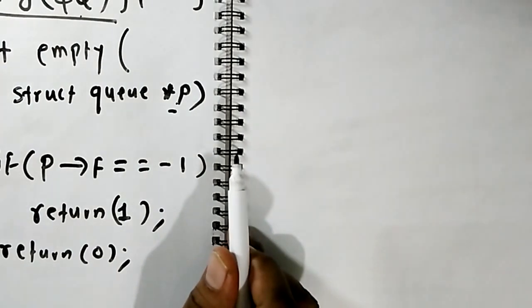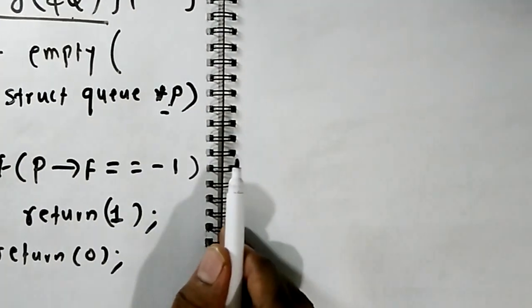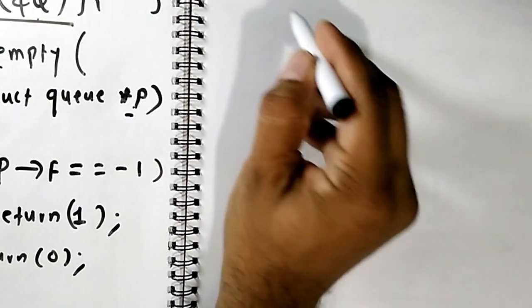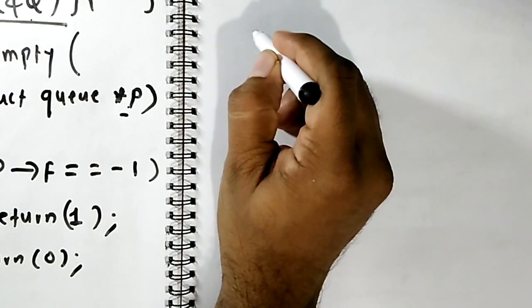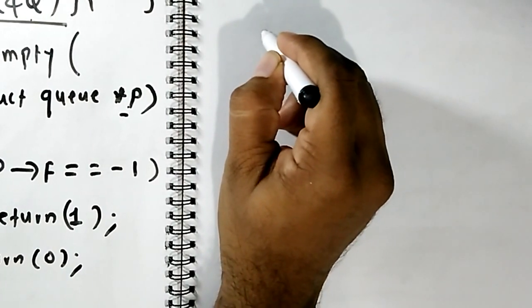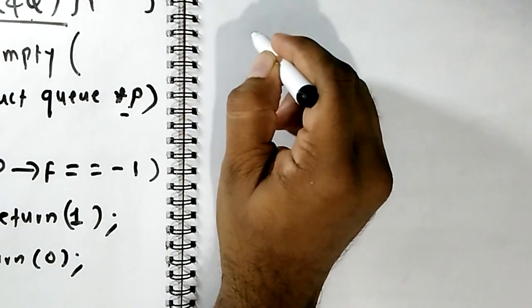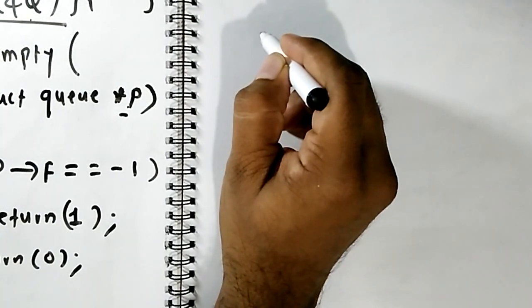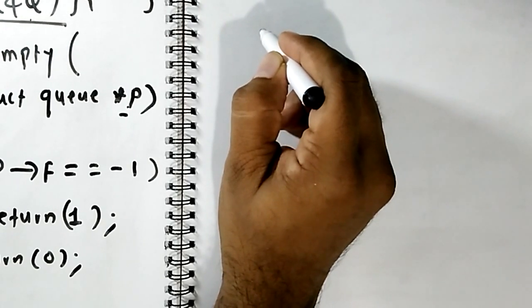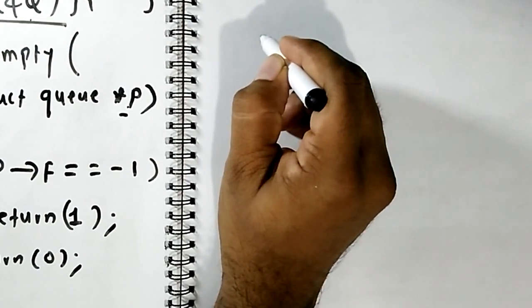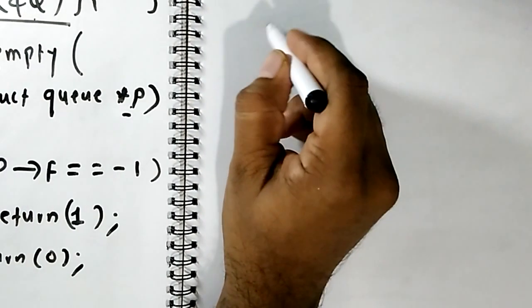Then in the same way, we can write the full function. To the full function also I'll pass the address of the queue which I want to check whether it's full or not. So the full function will return us 1 if the queue is full. Otherwise, it will return us 0 if the queue is not full, if there is some space in the queue.